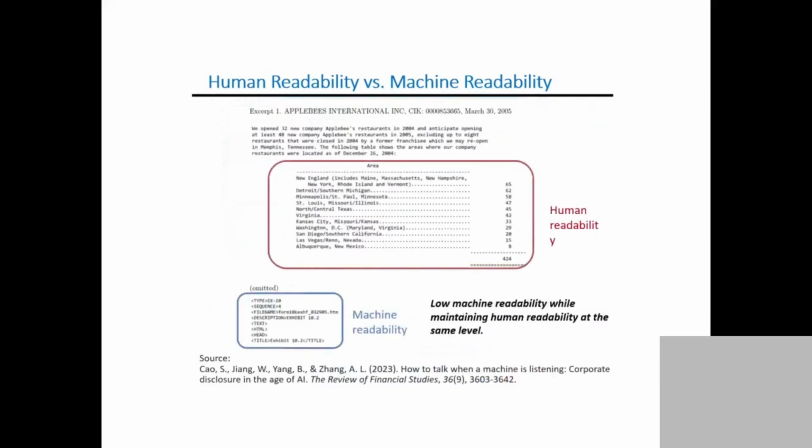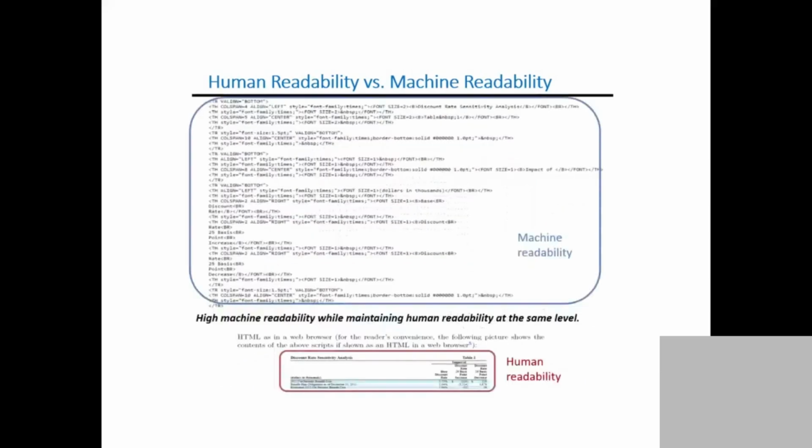If you go forward, this table is also on the company's website, and a human reads it easily. But this is the code that generates this table, and the code is not friendly to machines, because when the machine reads this code, it gets an image. The machine has to analyze the image to get the contents of the table. Versus this one, where the machine can easily get the contents by reading the numbers.